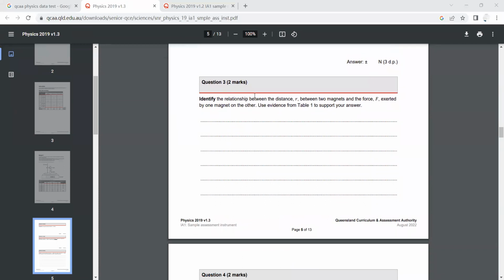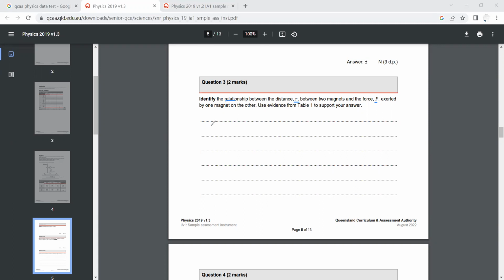Question 3: identify the relationship between R and the force F exerted on the bar, and use the evidence from table 1 to display. Identify the relationship between R and the two magnets. Excellent.